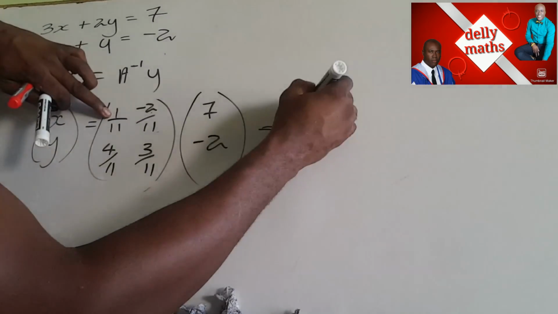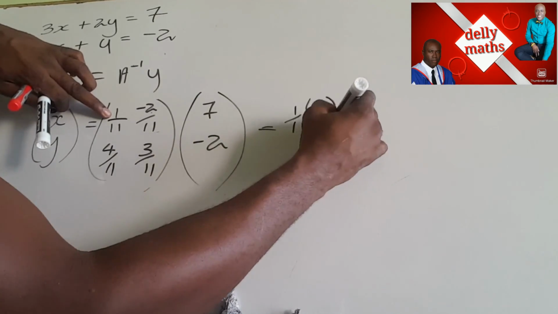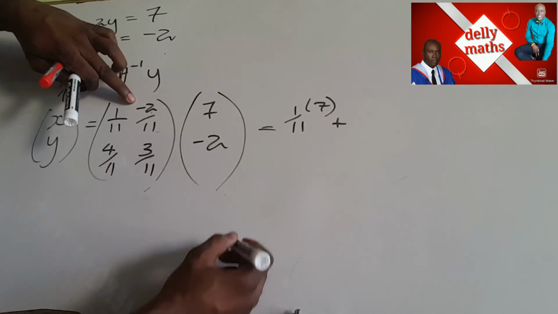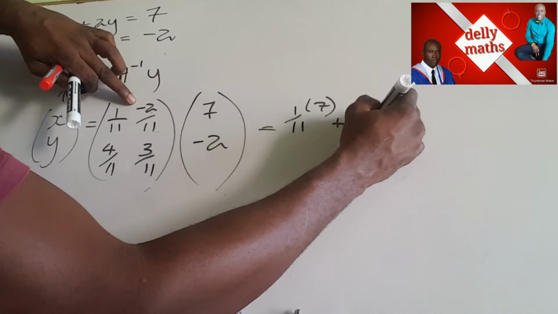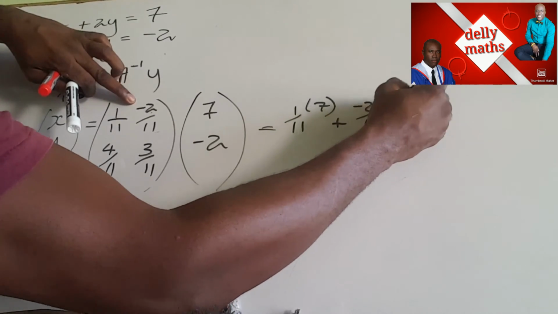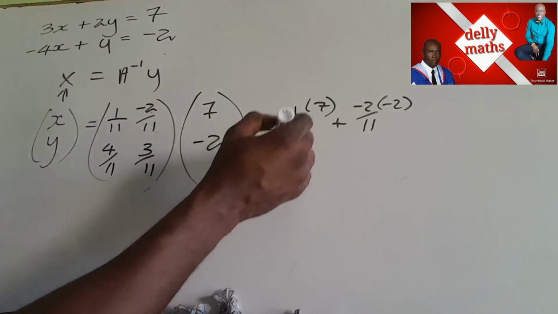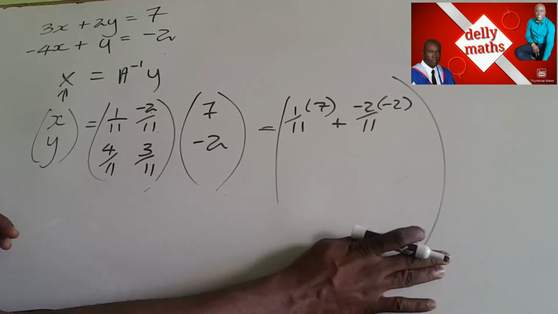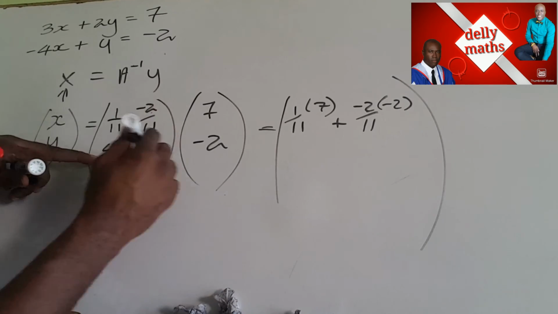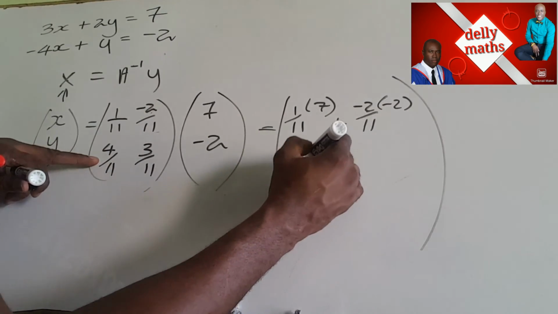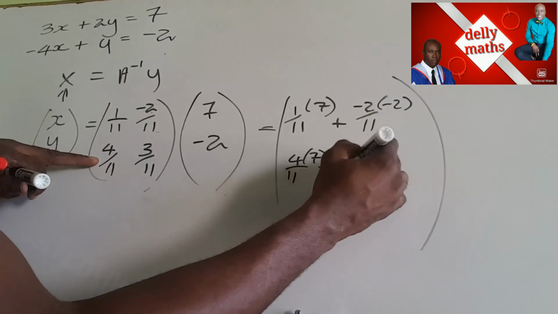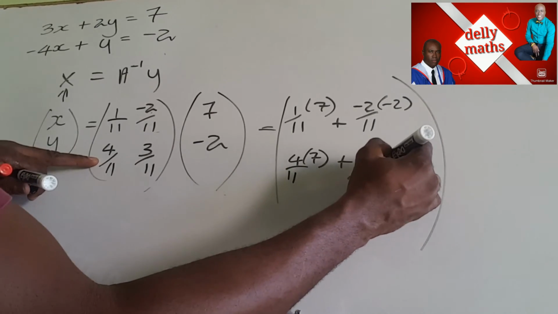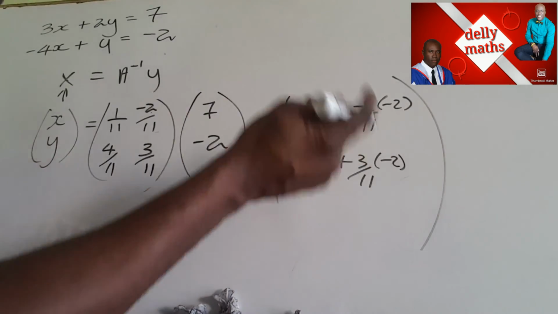So we're looking at 1/11 times 7 plus negative 2/11 times negative 2. When we're done, it looks like a 1 already. And then for this part, we're looking at 4/11 times 7 plus 3/11 times negative 2, and I'm seeing a 22.